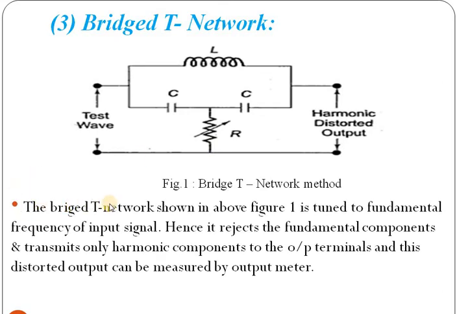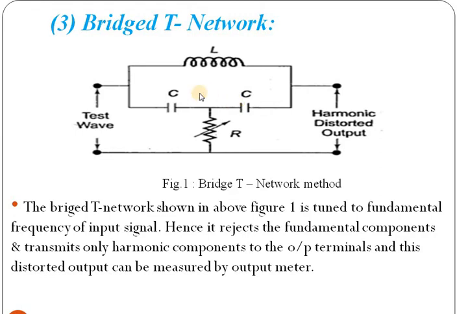The bridge T network shown in the above figure 1 is tuned to the fundamental frequency of the input signal, hence it rejects the fundamental components and transmits only harmonic components to the output terminals.